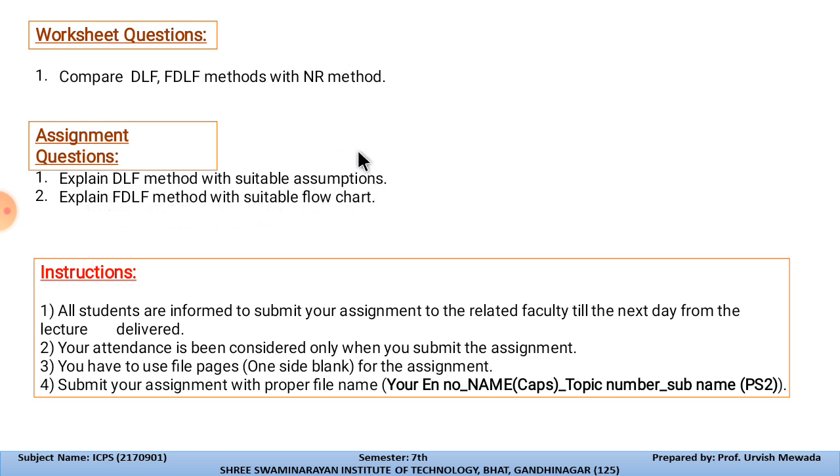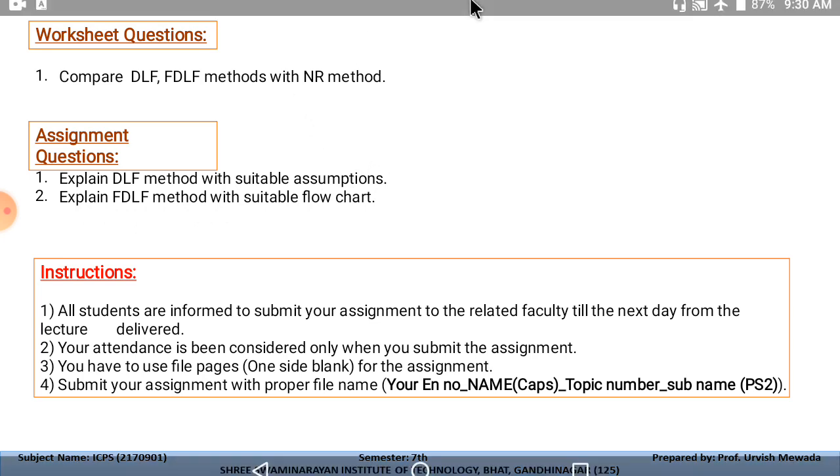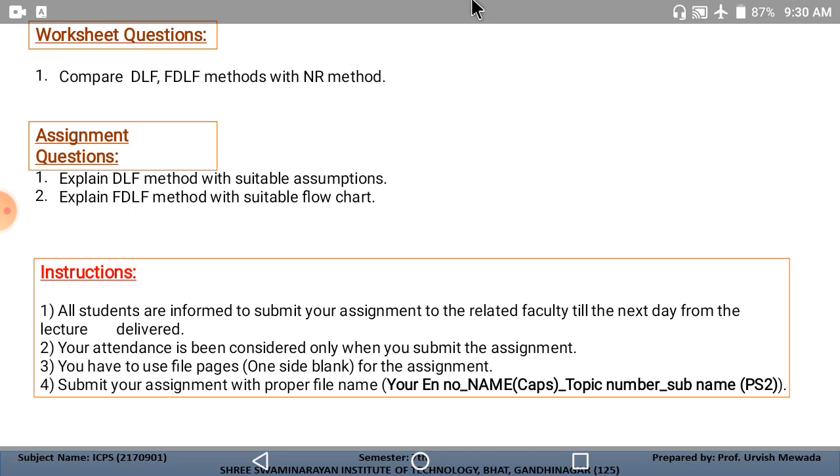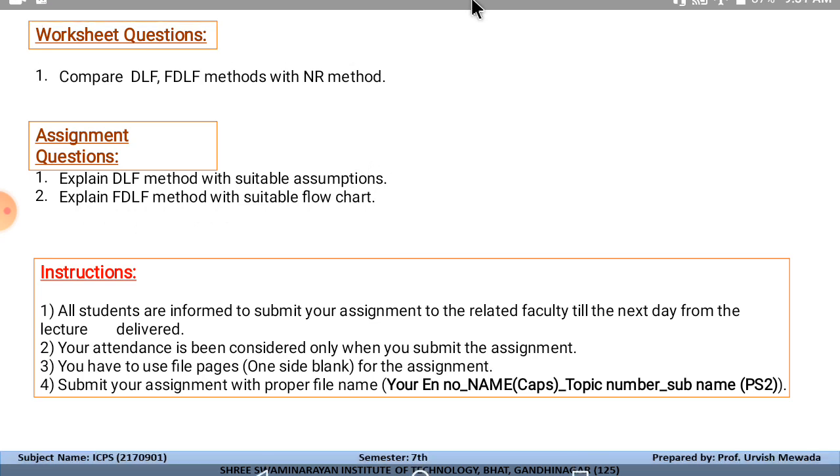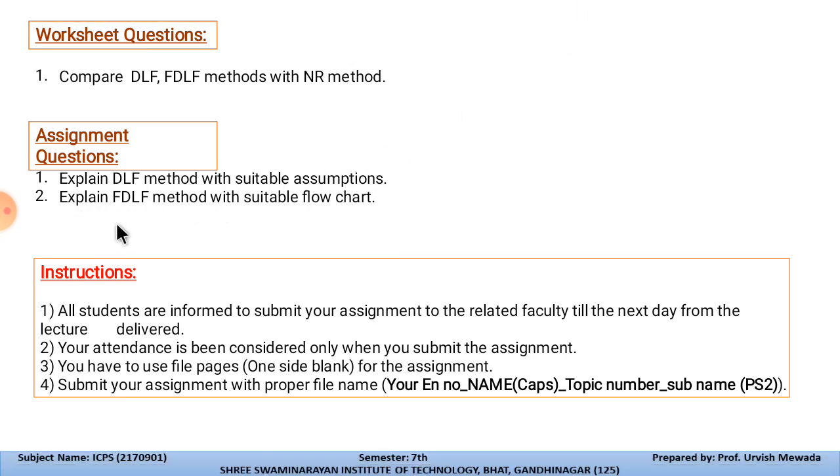In the second question you have to draw and write everything related to the FDLF method, and derive the related formulas for the FDLF method. Please read the instructions related to the worksheet question and the assignment question, which are written below, carefully.